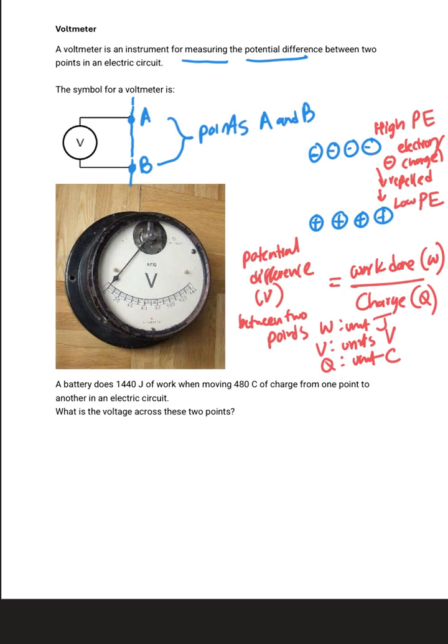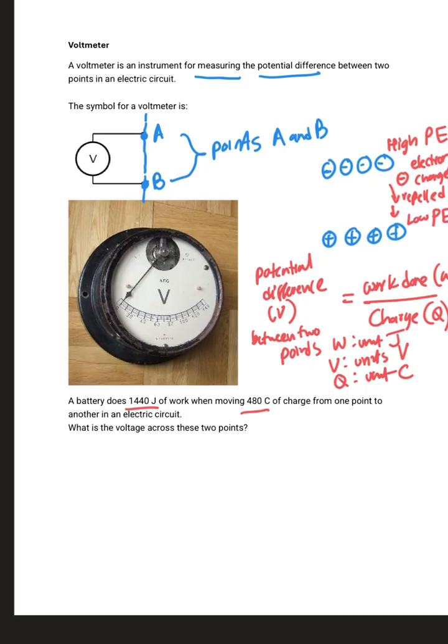A battery does 1440 joules of work when moving 480 coulombs of charge from one point to another in an electric circuit. What is the voltage across these 2 points?